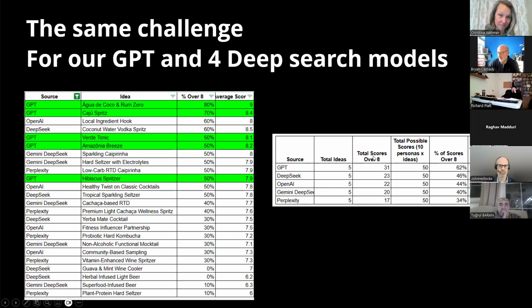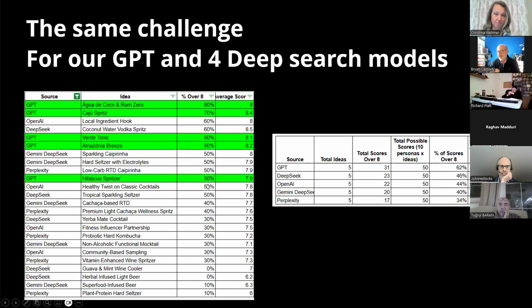What we looked at here is the number of scores that came up over 8. So in fact, we had our 10 profiles and the 5 different ideas, so there was a potential of 50 reviews, the number of personas that were there. And what we're looking at is the number of polarizing scores on all of the ideas and the average score overall.